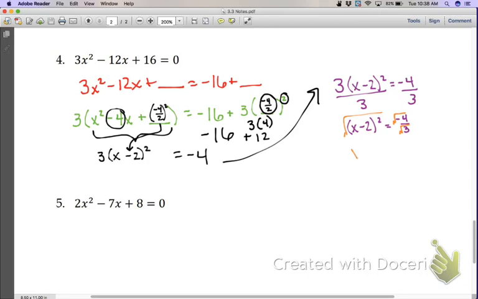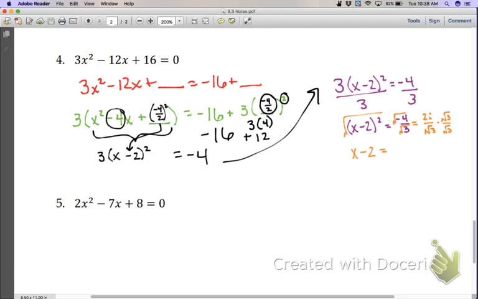So I have x minus 2 on the left side. Now what I would suggest is simplifying this right side first. So I have 2i over the square root of 3. I can't have a radical in the denominator, so I'm going to multiply by the square root of 3 over the square root of 3.